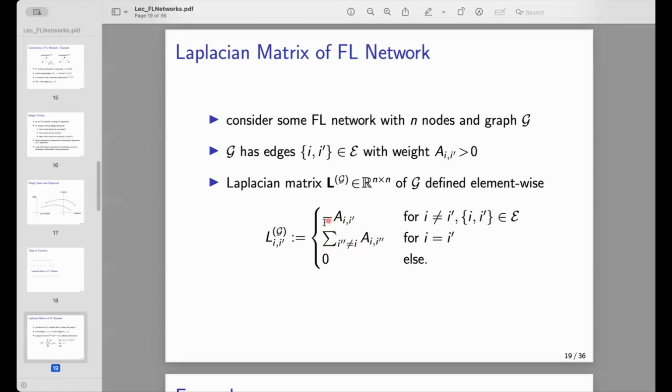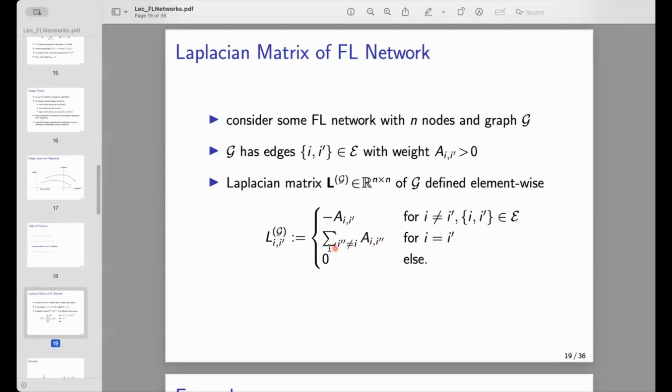So if you remember the definition of the weighted node degree, this is what is here on the main diagonal for node i. So node i corresponds to the main diagonal entry i, ith column, ith row of the Laplacian matrix, and it holds the sum of all edge weights connected to the neighbors, which is exactly the weighted node degree.